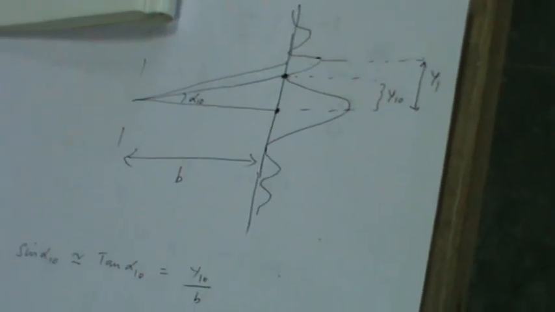For that, we have an optical rail which is graduated, 1.2 meter long. You can see the graduation here.